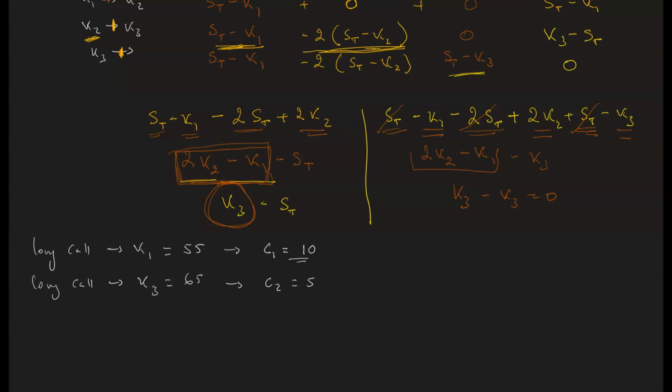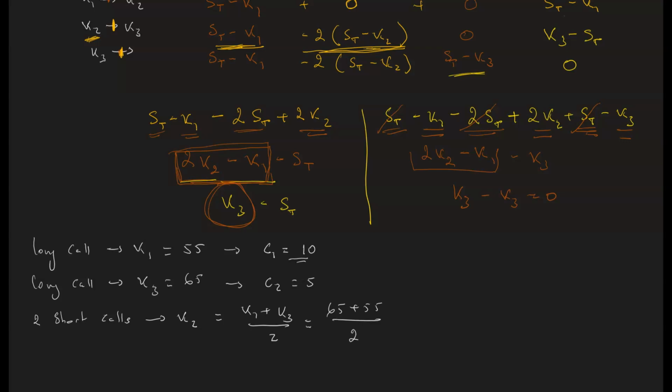Now, we purchase these two calls, and then we write two, so we take two short calls at a strike price K2. Now K2 is going to be equal to K1 plus K3 divided by 2, so that's going to be equal to 65 plus 55 divided by 2.